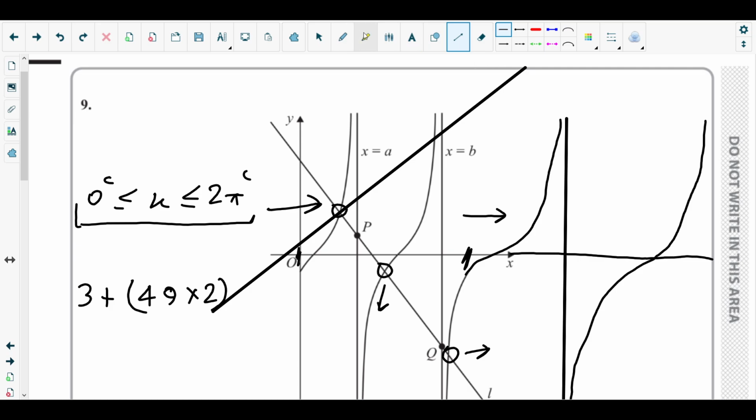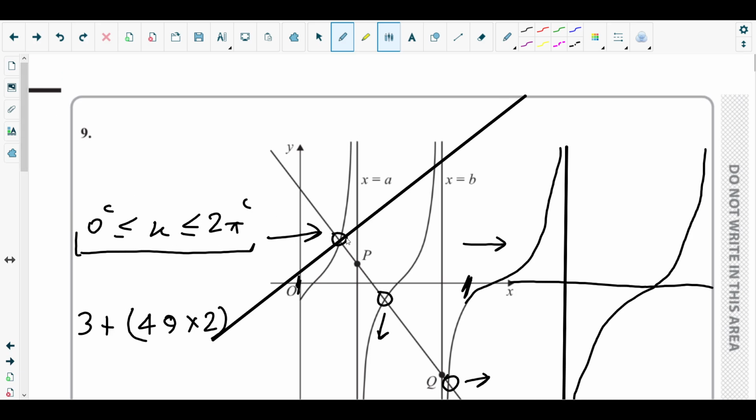how many points of intersection can you see? Let's mark it out. This is 1, right? This is 1, the first one. This is the second one, we can see.